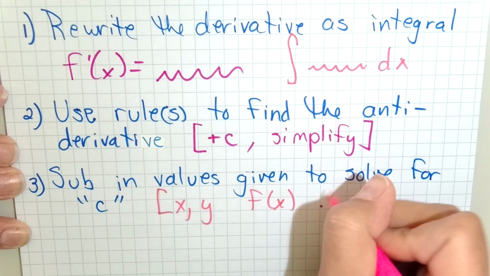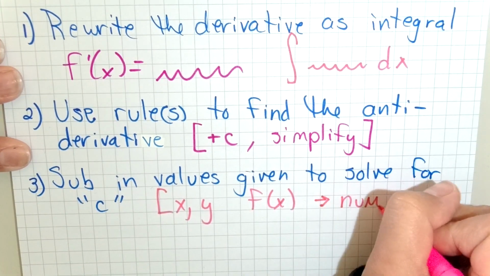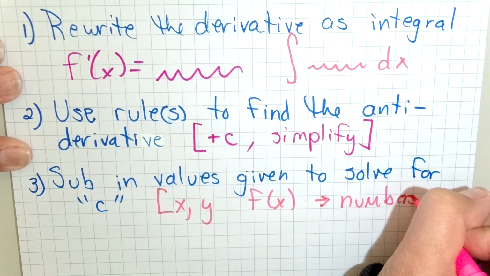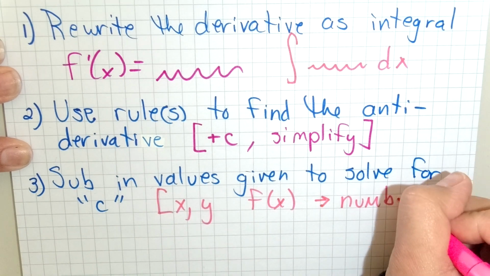These are going to be numbers, okay? You're going to be given numbers. I cannot spell today. I am tired. Sorry, guys.